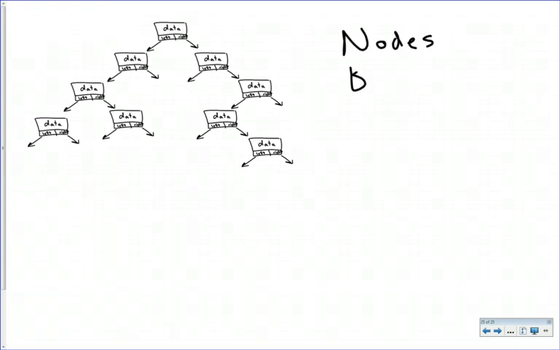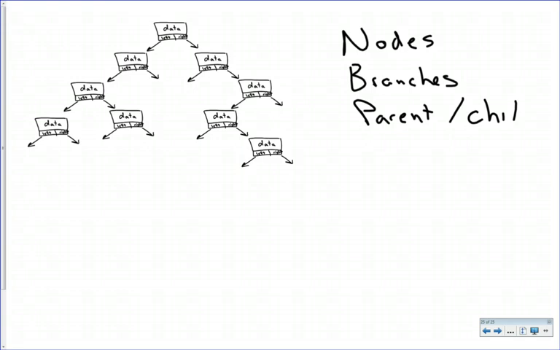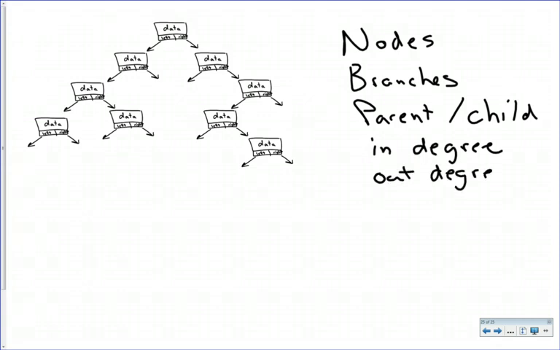That there are branches, okay? That there are parents and children. So there's like this parent-child relationship happening there, right? And that's pretty simple to see in sort of a general idea. That we had the idea of in degree and out degree. And that's specific to each node, that it has a certain number of inputs and outputs.